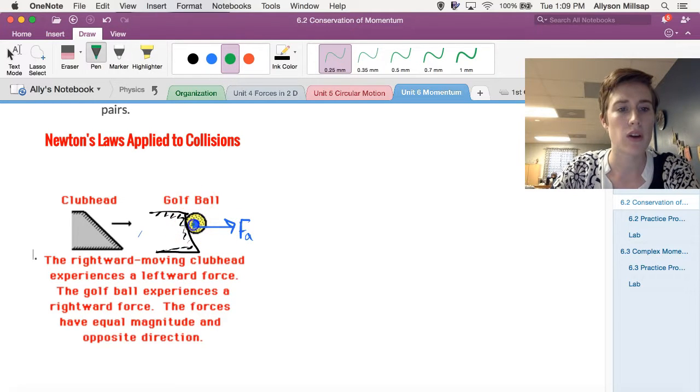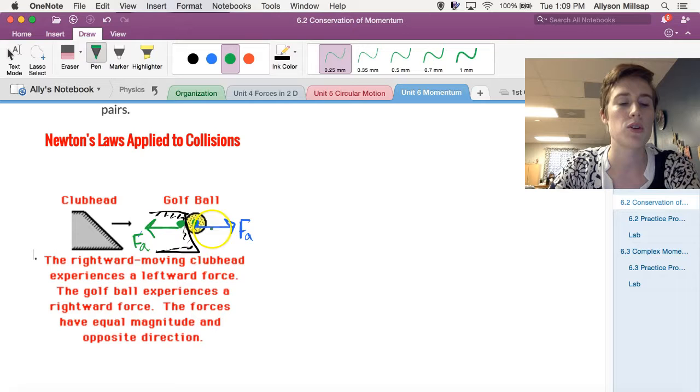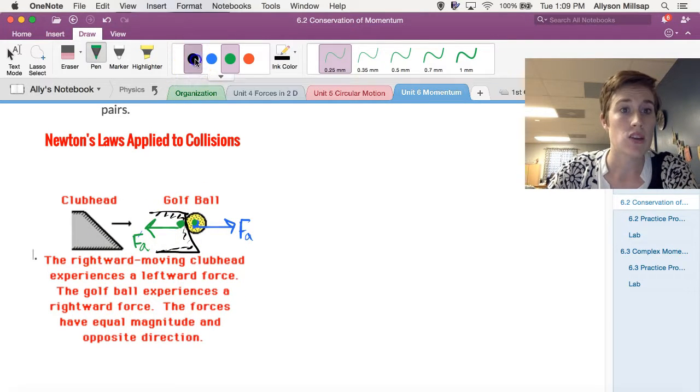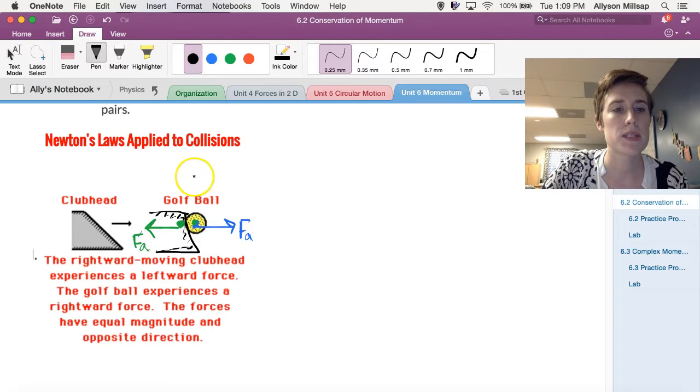The golf ball, though, is also going to be pushing on the golf club with the same amount of force. The applied force that the golf ball pushes on the golf club is the same force as the golf club pushing on the golf ball. However, and you can see they're opposite, right? So the force that the golf ball's putting on the club is opposite that the club's putting on the ball. So these are opposite and equal forces.